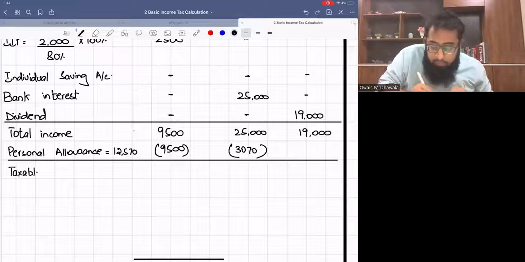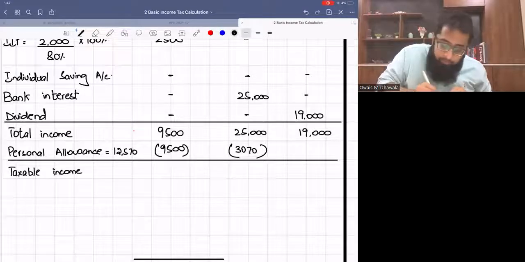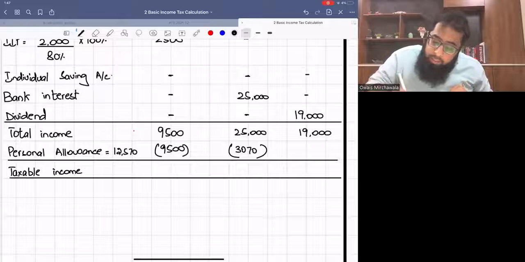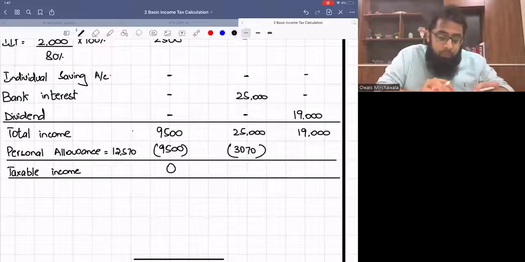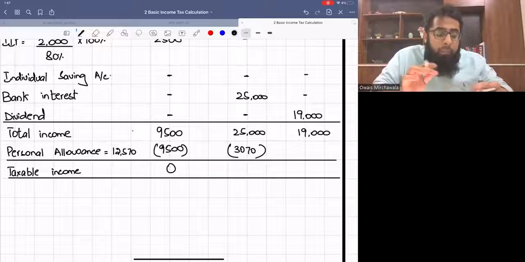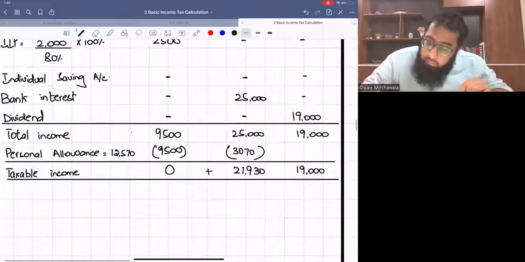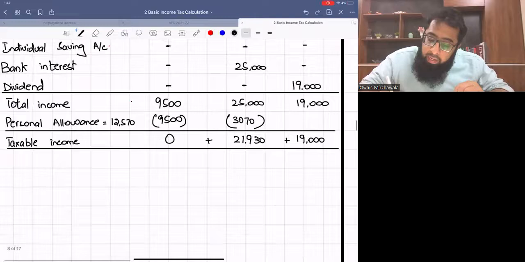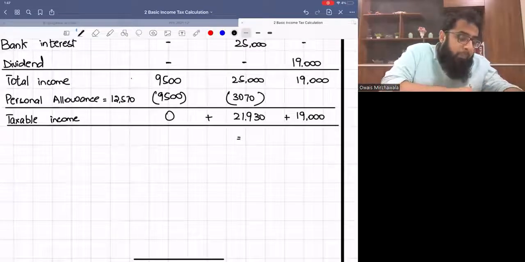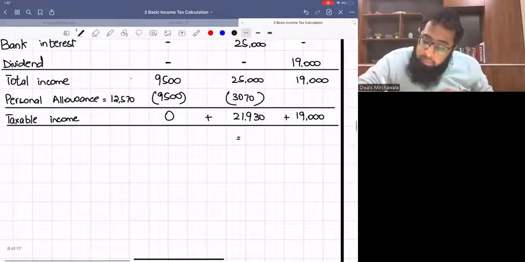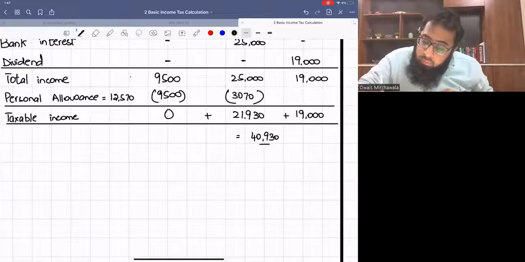So the taxable income, now listen to me. Taxable income in non-saving is 0. In saving income, the taxable is 21,930 and dividend is still 19,000. So if I add up all of them, my sum of taxable income is 40,930, which means that I am a higher rate taxpayer.